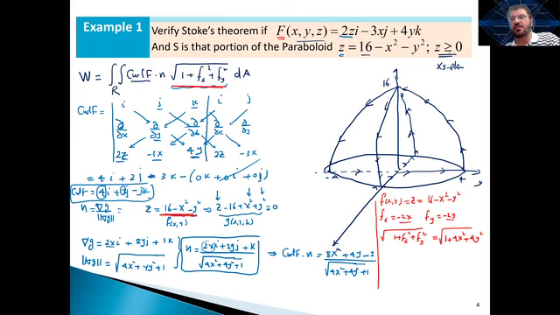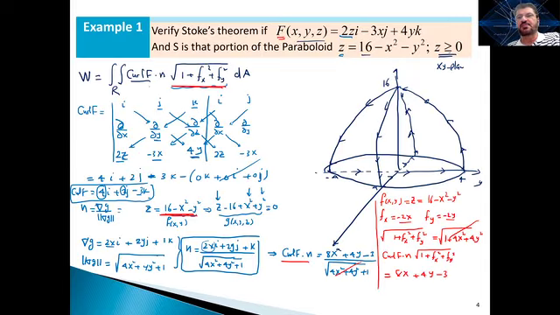So what happens when I multiply curl f dot n, all of this, by the square root of 1 plus fx squared plus fy squared? Remember what's going to happen here. This will cancel that, and I have 8x plus 4y minus 3.